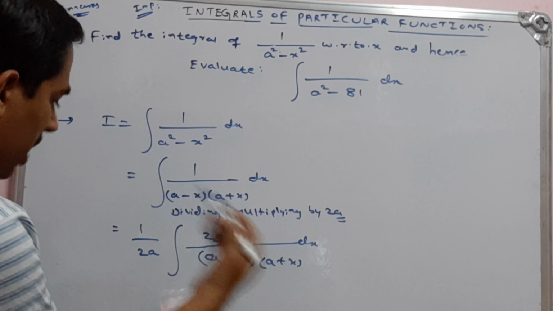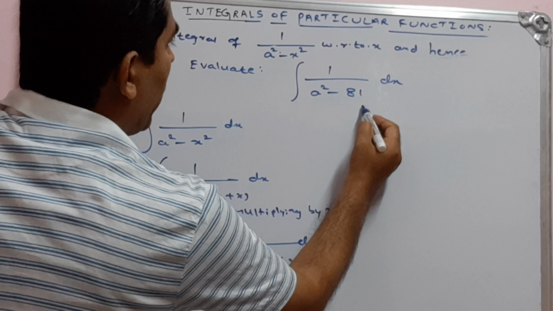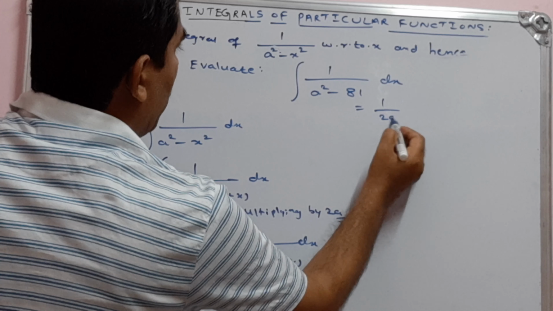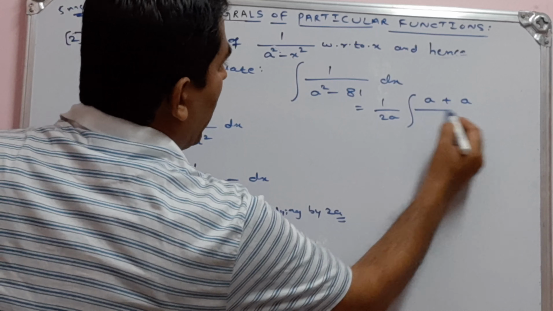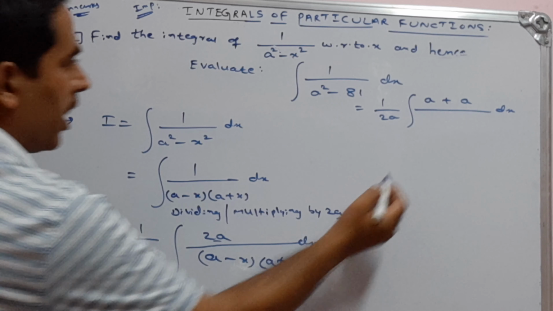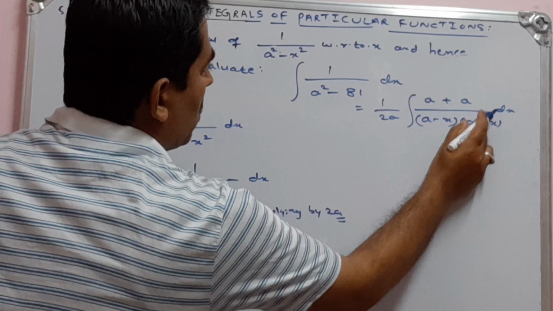Then write this 2a as a plus a. So 1 by 2a into integration of a plus a, then write the denominator as it is, a minus x into a plus x.